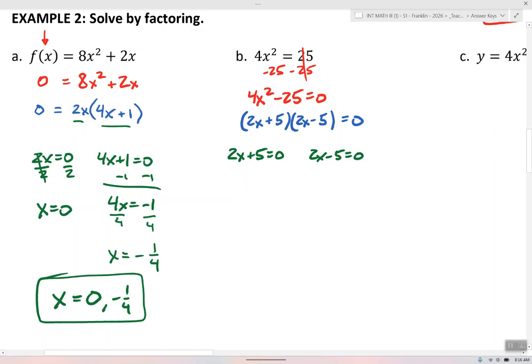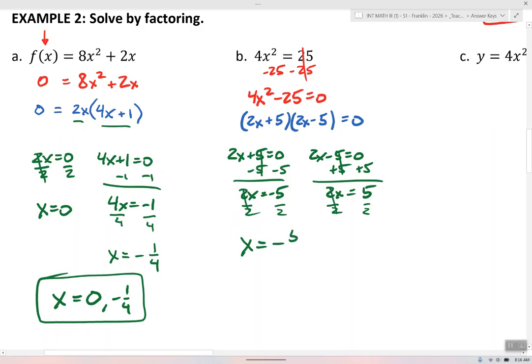You can probably predict these are going to be the same number, just opposite. So first we subtract 5 here, and we'll add 5 on this one. So 2x equals negative 5, and 2x equals positive 5. Divide by 2, and x equals negative 5 over 2 and positive 5 over 2.